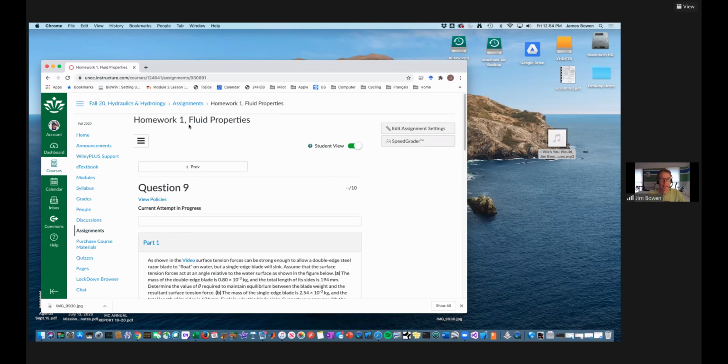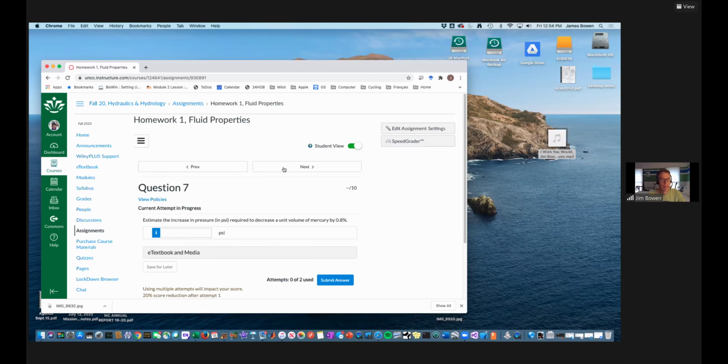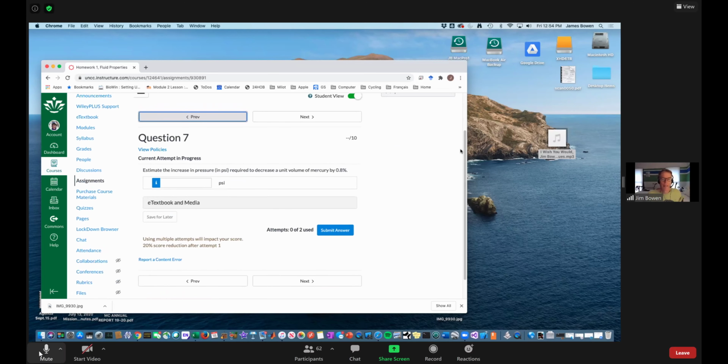I was going to do the quantitative ones. All right. How about this one? I take it you're still seeing my screen? This is a compressibility problem.